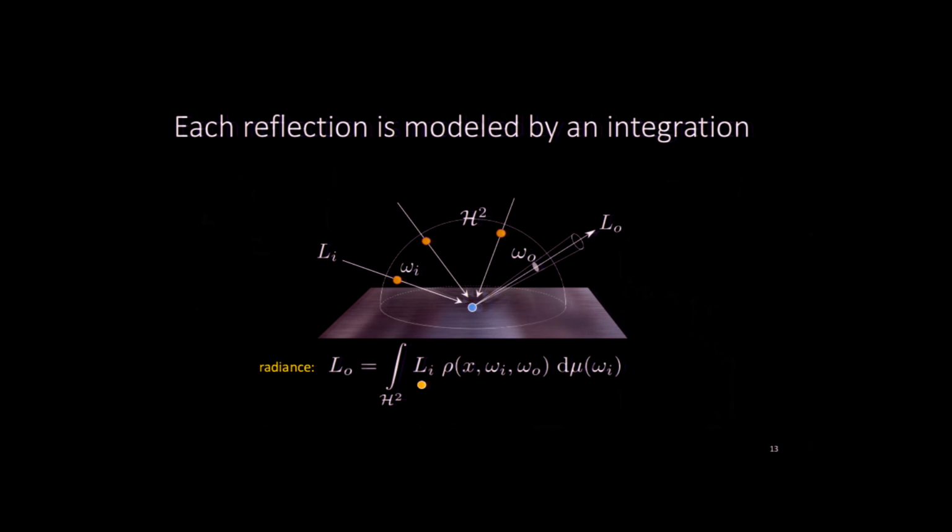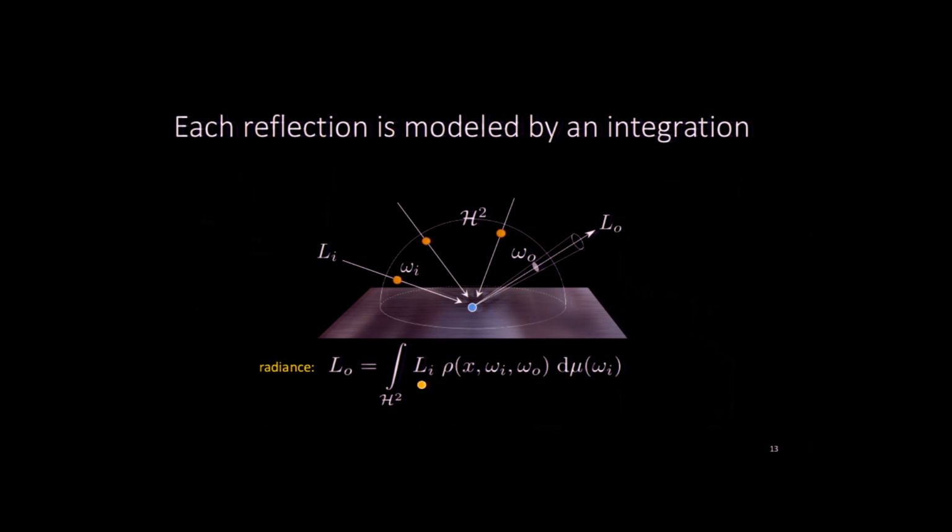Li, just like xi, this time we have Li coming from different directions. And let's say we want to know in the direction Lo, what is the radiance, right? So the radiance, outgoing radiance, Lo, is some integral over this domain. So hemisphere here, you integrate over the hemispherical domain, the incident radiance.